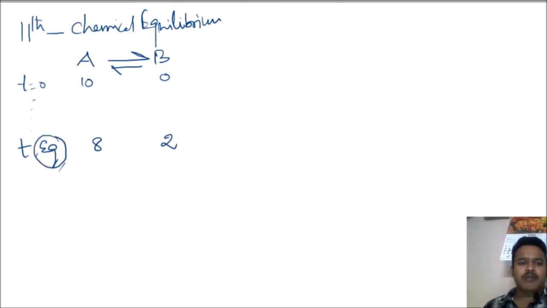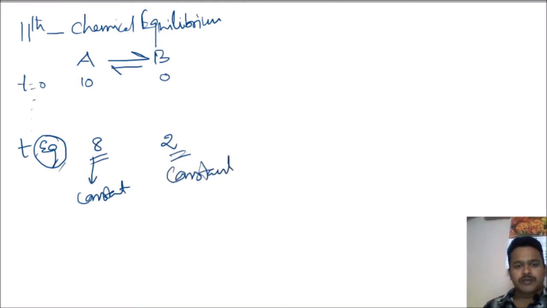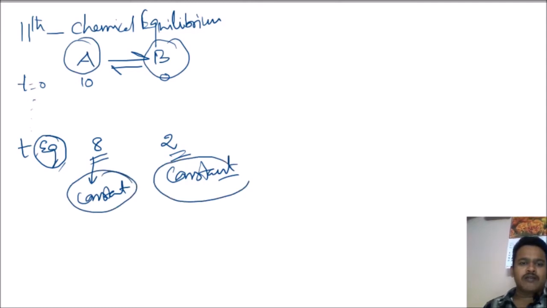Once the equilibrium state is achieved, the concentration of A is constant and the concentration of B is constant. The state at which reactants and products achieve their constant concentrations is called equilibrium.